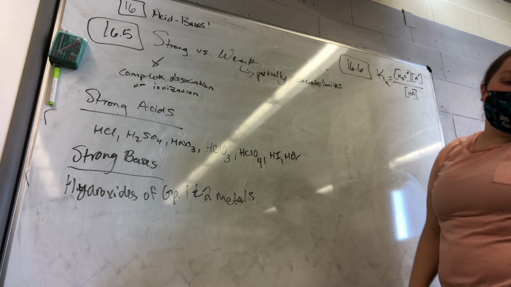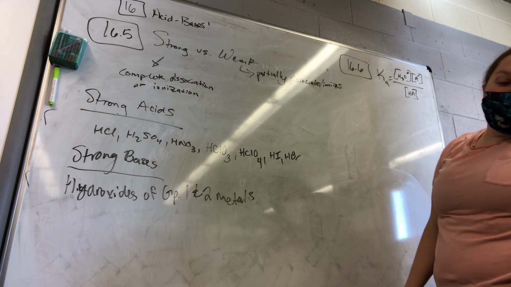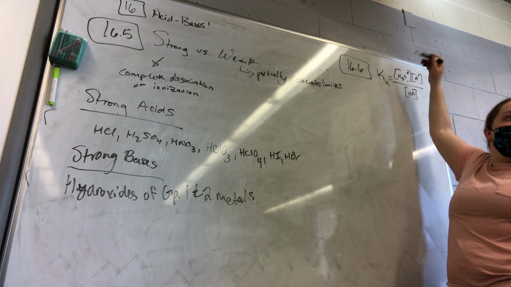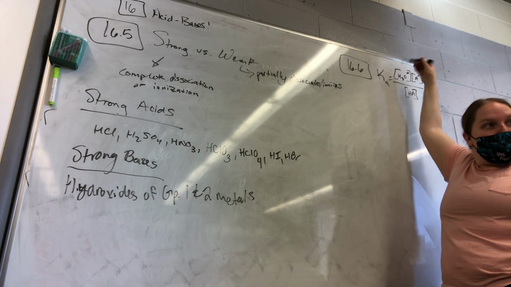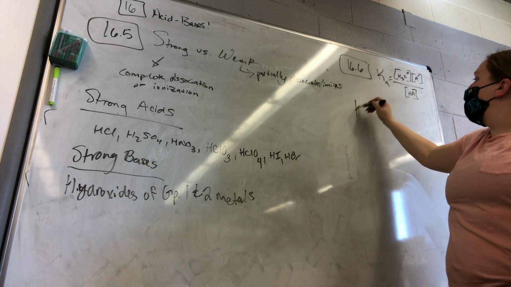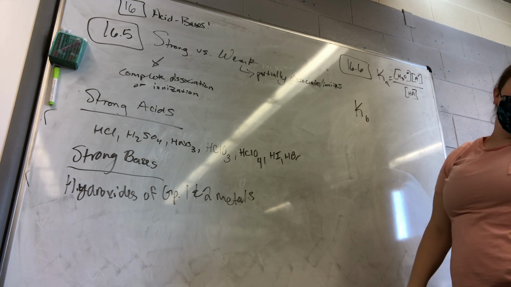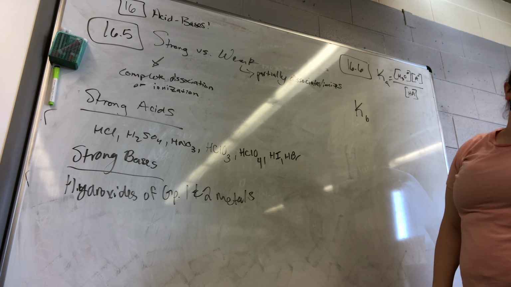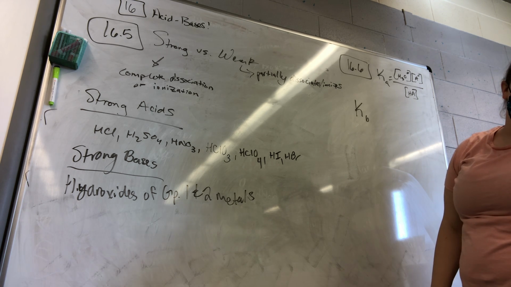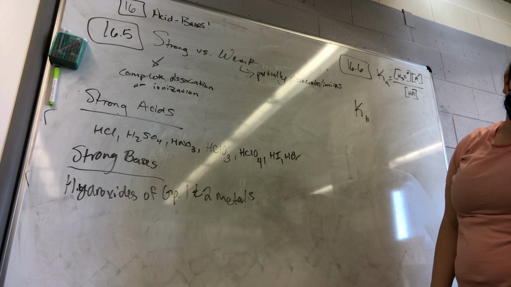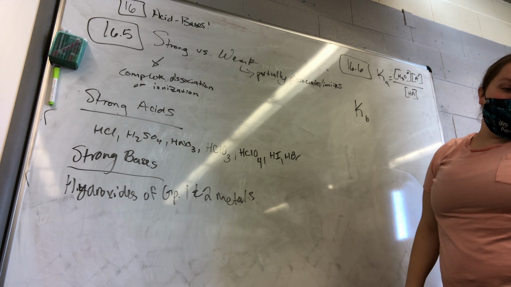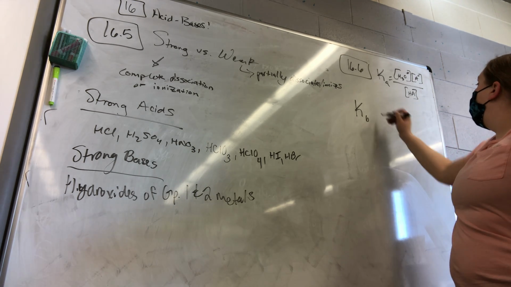Remember, you could also write it with an H plus instead of an H3O plus. Just remember that those two are interchangeable. Don't forget that. We also talked about Kb, the base dissociation constant, and then we related the two. This is one of the chapters we split into 2 on purpose.